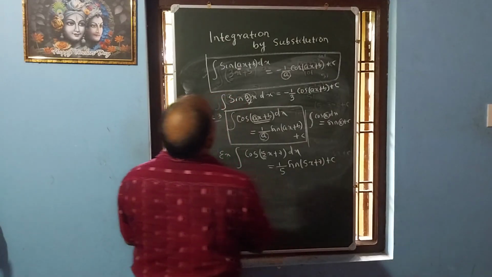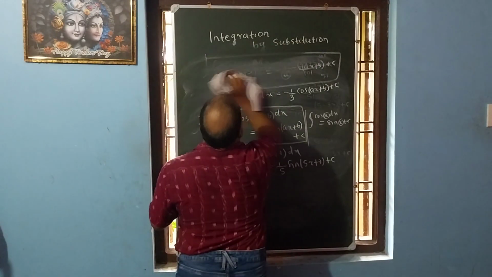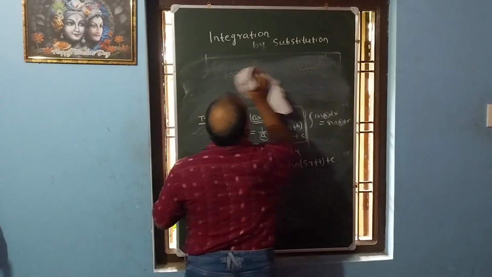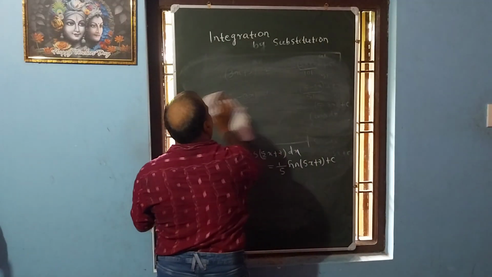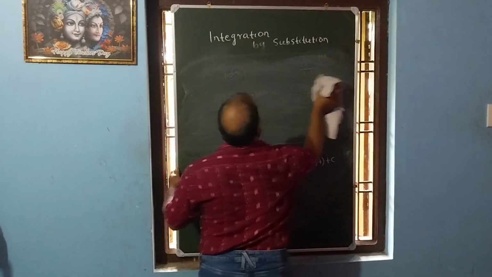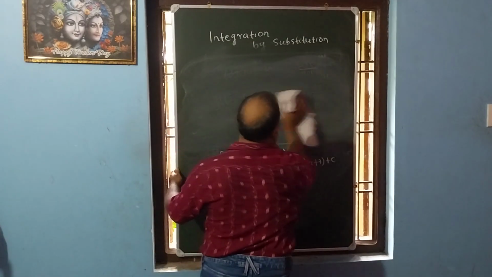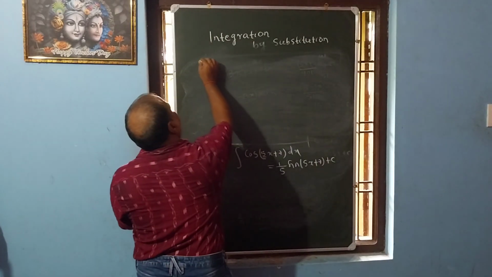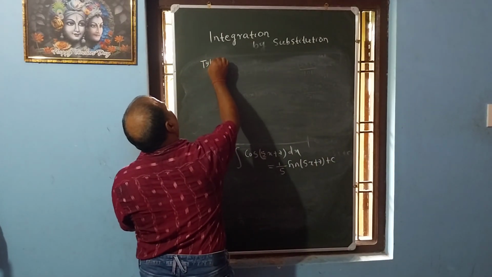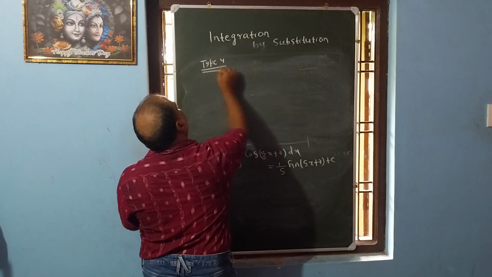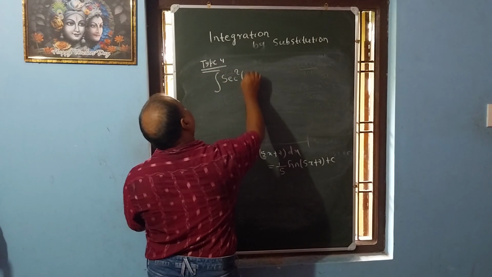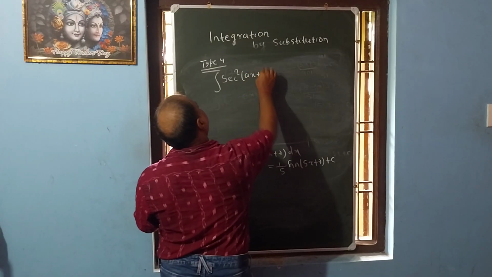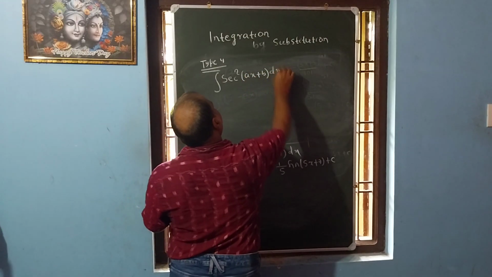Next, type number 4. Integration of sec square(ax + b) dx.